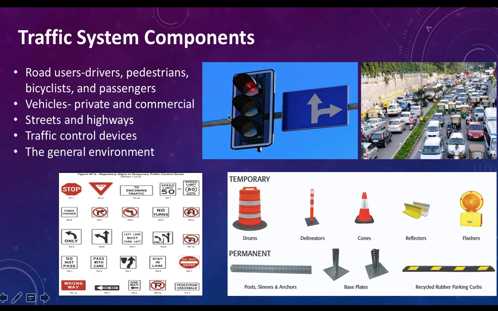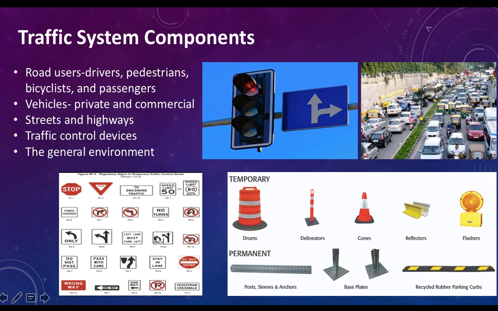You can see this photograph of a signal. Red, yellow and green lights are there. We know what this means. This is a very important device for controlling the traffic flow. There are other signages and signboards used like stop, no U-turn, speed limits and so on.